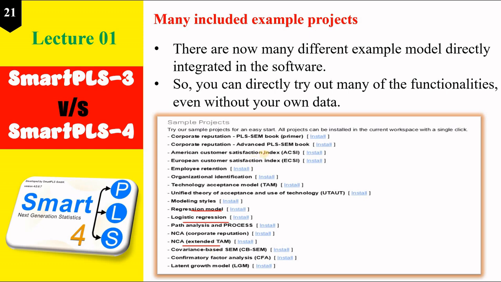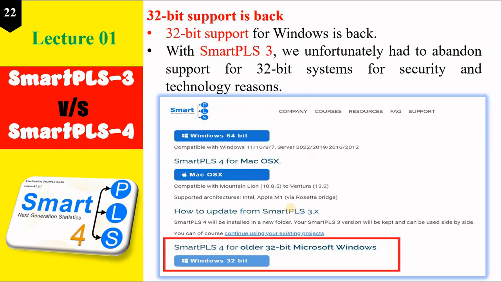So now if you understand all these concepts, then you can install either version and work on it in order to clear your ideas regarding the use of these types of models. And then the 32-bit support is back. In SmartPLS-3, this was abandoned for security and technological reasons by the SmartPLS authorities.